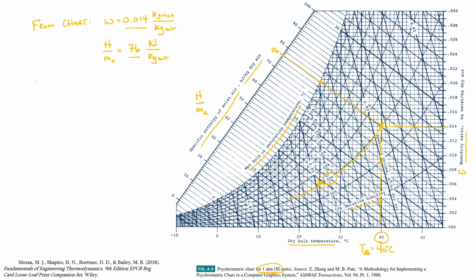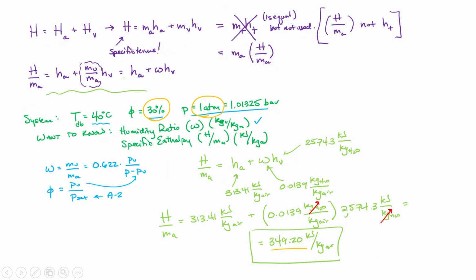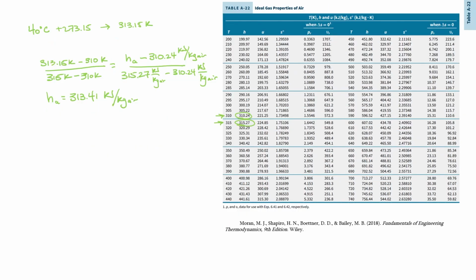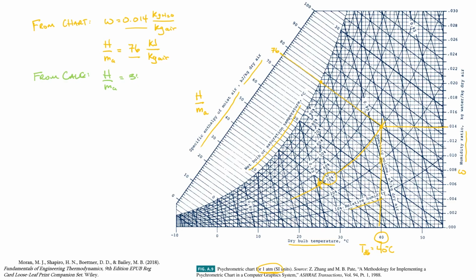So from calculation, H divided by MA was equal to 349.2. Is that correct? 349.20 kilojoules per kilogram air.